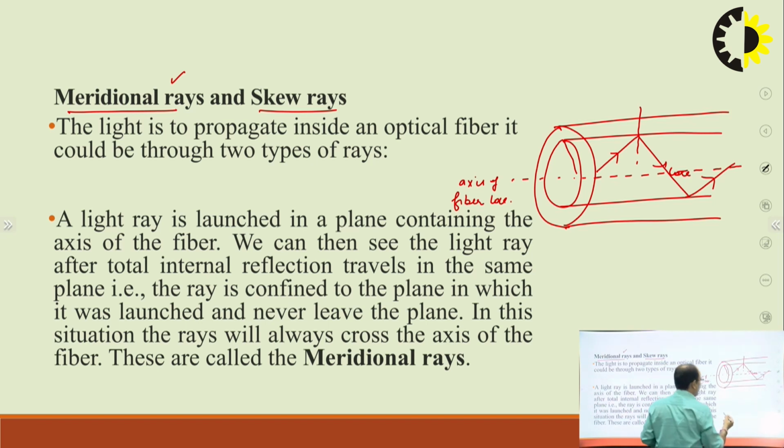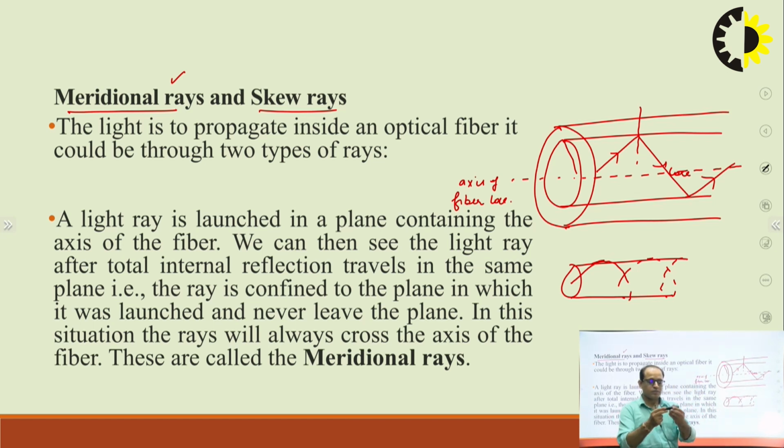And another type of ray is the skew rays. If the ray enters the optical fiber cable and transmits along the boundary of the optical fiber after each reflection. Let's say this is the optical fiber cable and this one is the hollow inside.